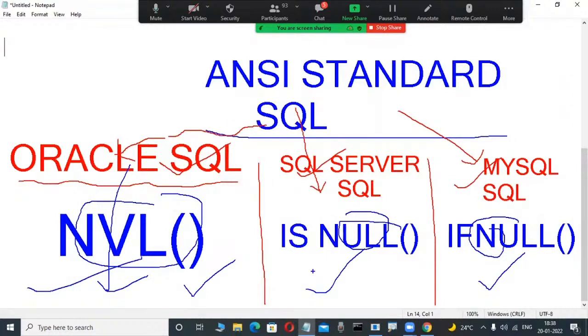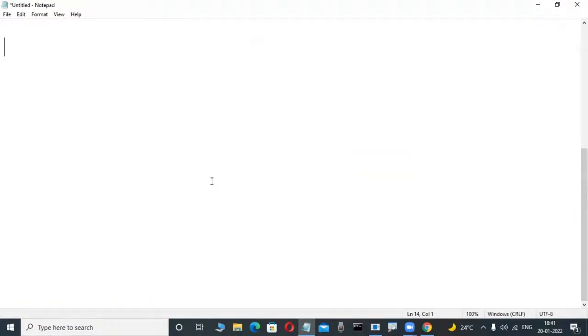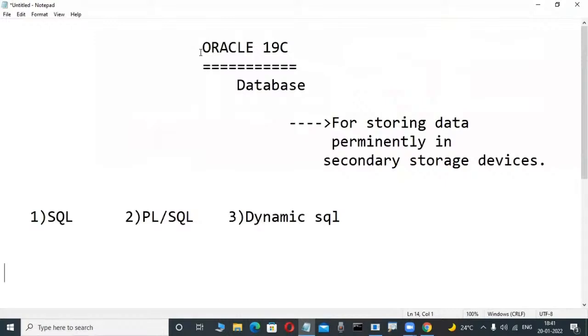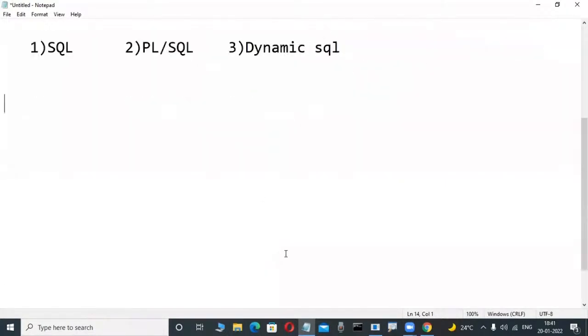That's why, in what we are learning, SQL is an ANSI standard language. From that SQL language, Oracle Corporation created their own SQL language, which is called Oracle SQL.